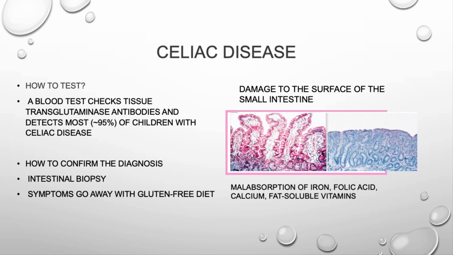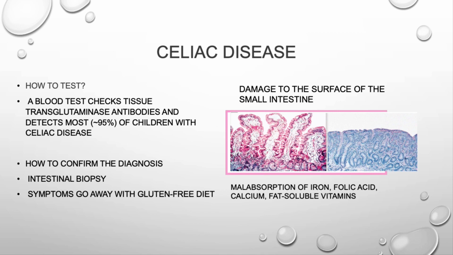On the right side, I show you a photograph of what happens when your intestine is normal. On the left, you see all of these protrusions that are the areas of the small intestine that absorb all the nutrients.